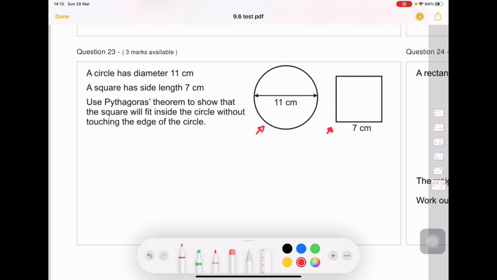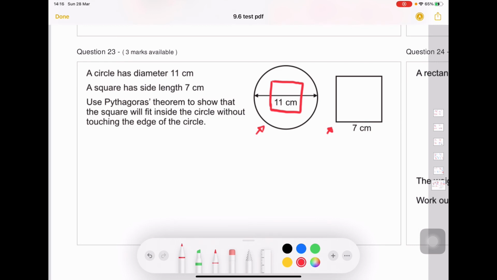Use Pythagoras' theorem to show that the square will fit inside the circle without touching the edge of the circle. So they're saying prove that the square fits inside the circle without touching the edge of the circle.